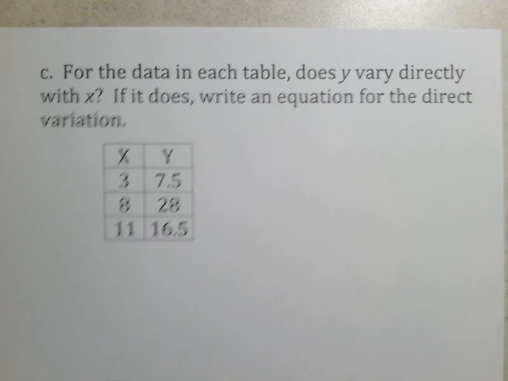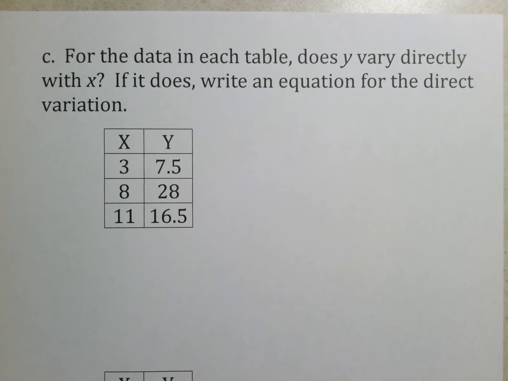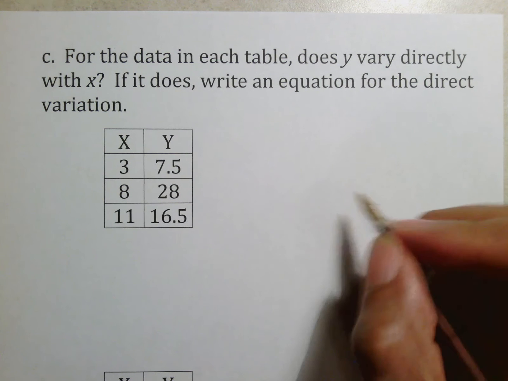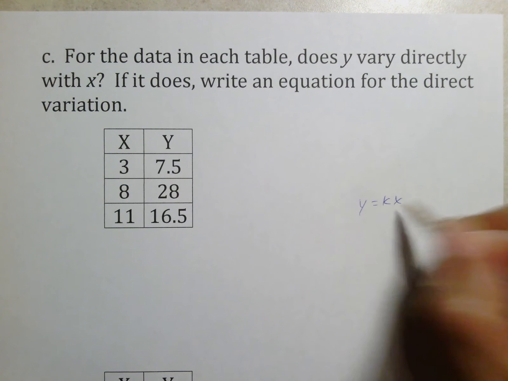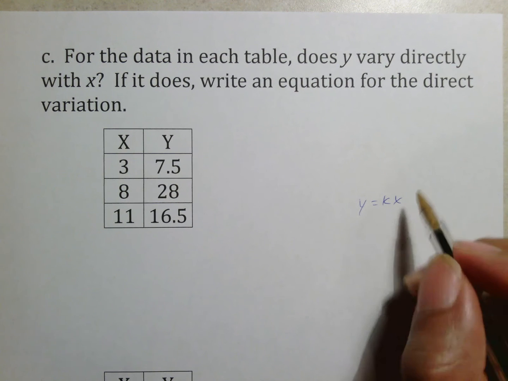And then you will also see one that says, for the data of each table, does y vary directly with x? If it does, write an equation for the direct variation. And here's what you do. In that situation, you simply look, and you remember that y equals kx is what you're looking at.